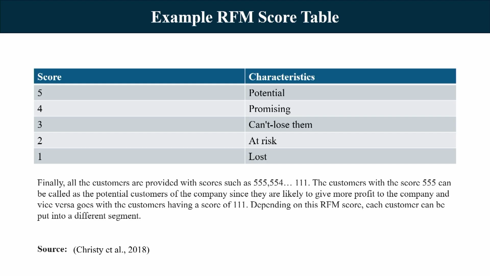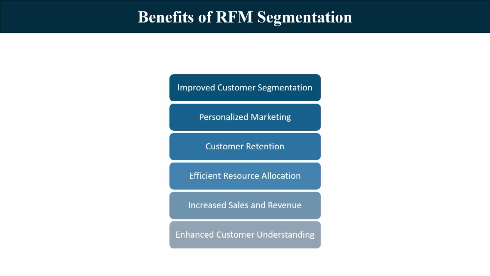Depending on this RFM score, each customer can be put into a different segment. So once we can put each of these customers in a different segment, now we have a clear idea about what to do with them, what message we need to communicate to them. So that is why the RFM matrix becomes extremely important.